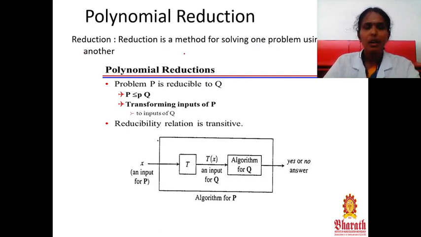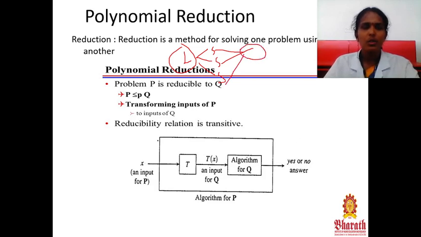I have a large NP problem, and I reduce it into more than one small problem, then find the solutions separately and combine them into the solution for the large problem. That is called polynomial reduction.